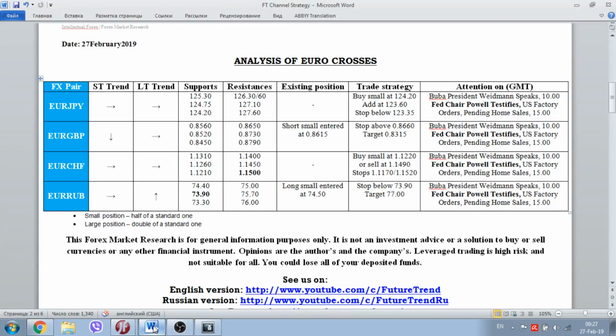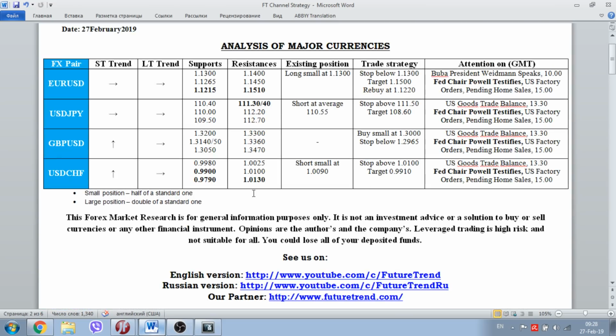Let's see some other pairs. For example, there is an interesting development also in euro dollar.